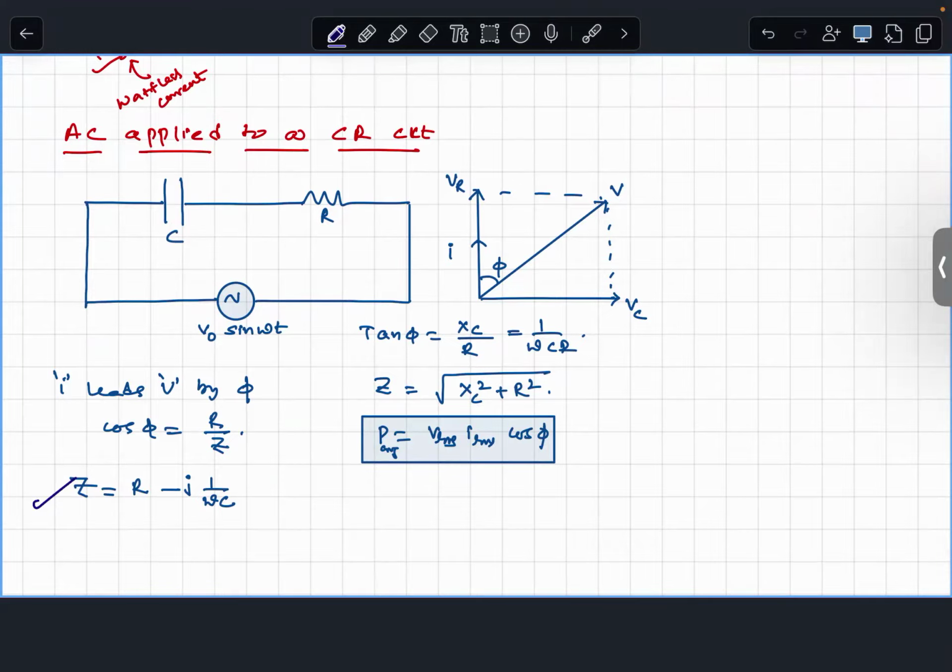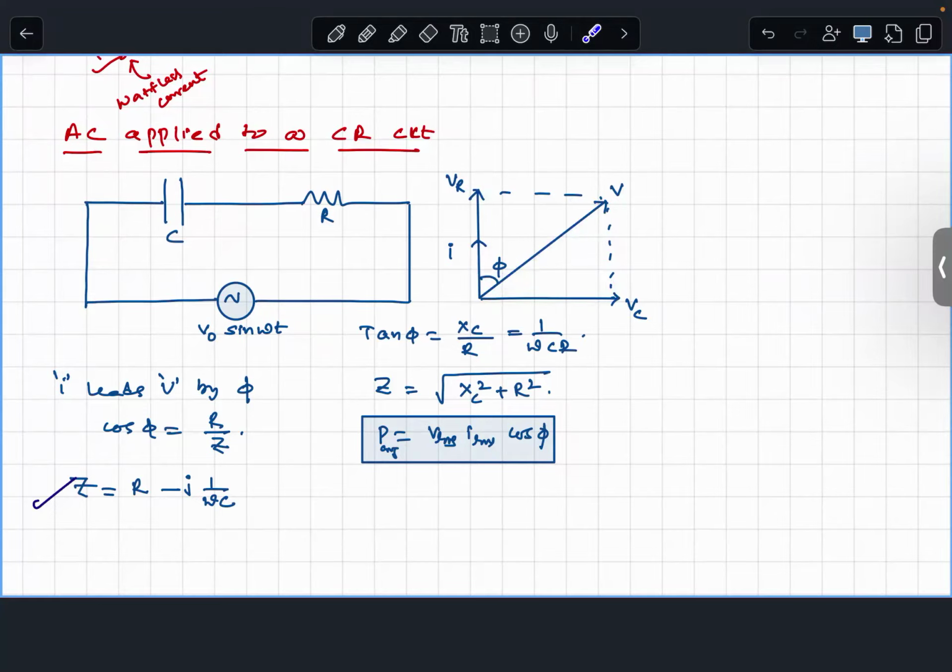This is how the VR phasor is represented, and this is how the VC phasor is represented. Because if this is the current phasor, the potential drop across the capacitor lags behind by 90 degrees.